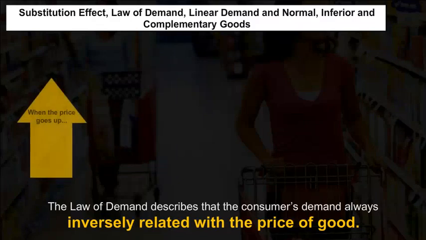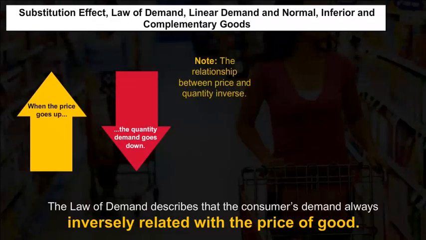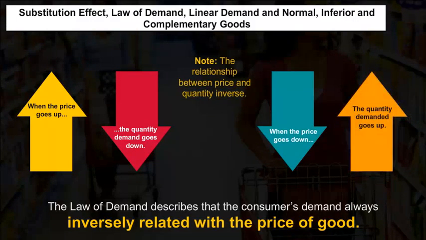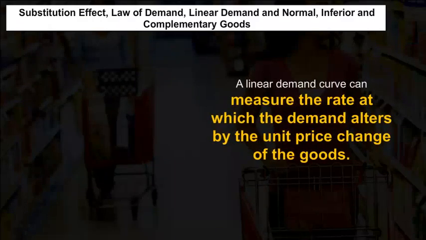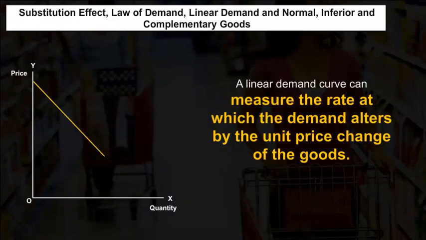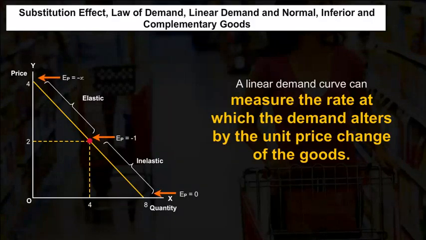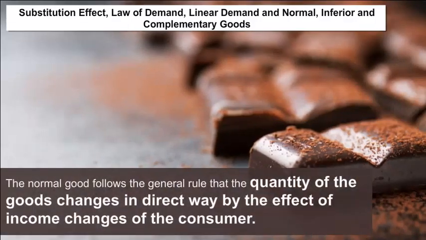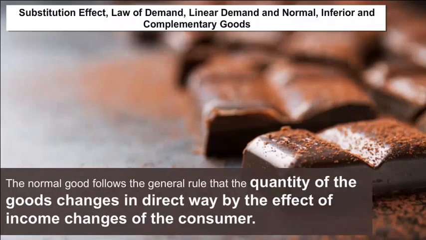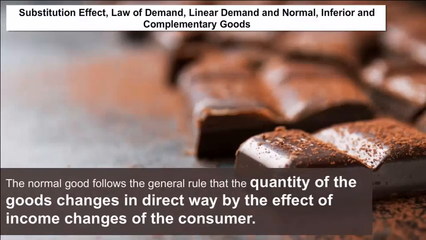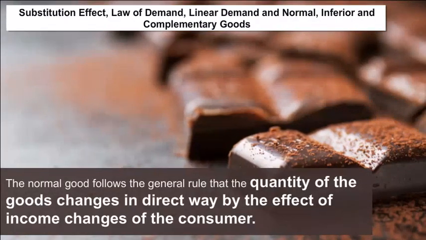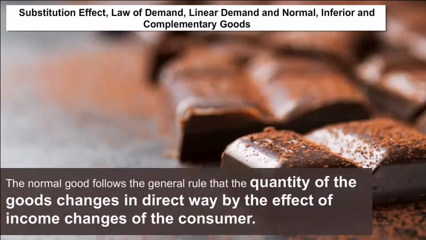The law of demand describes that the consumer's demand is always inversely related to the price of the good. A linear demand curve can measure the rate at which the demand alters with a unit price change of the good. The normal good follows the general rule that the quantity of the good changes in the same direction as the consumer's income changes.